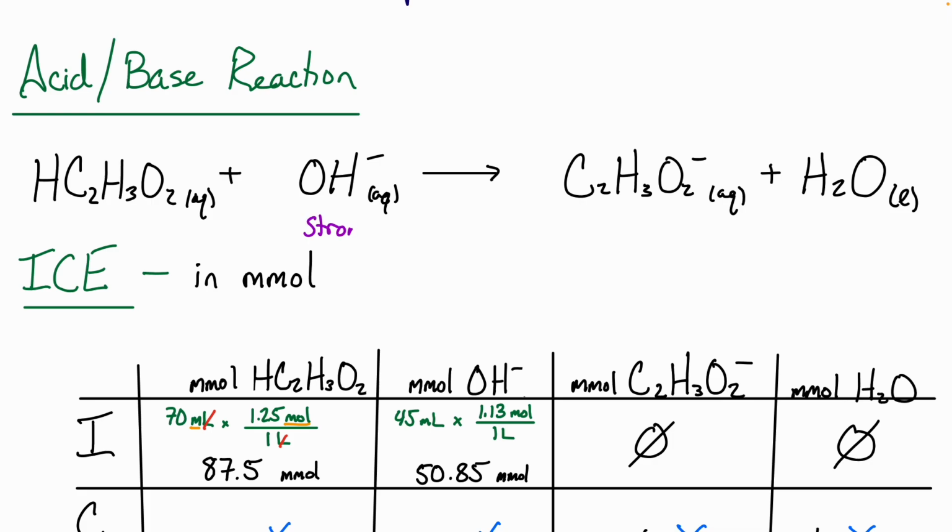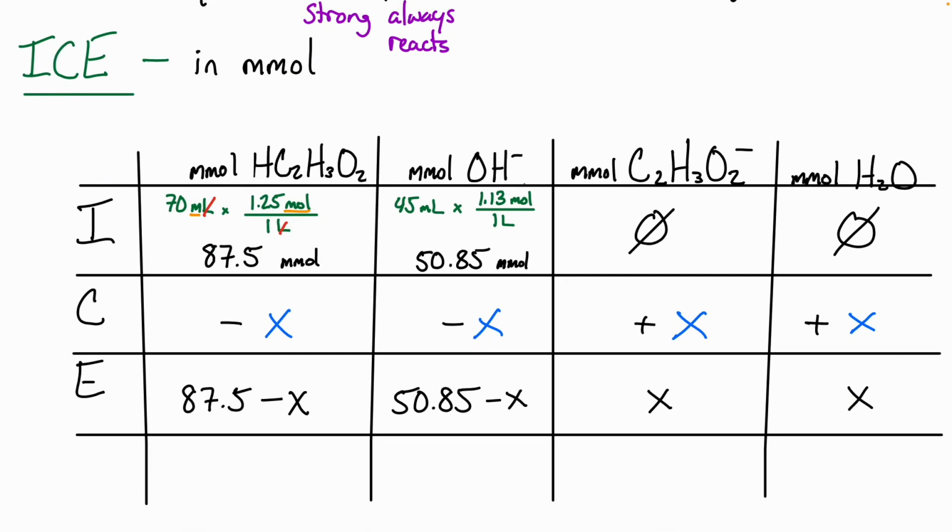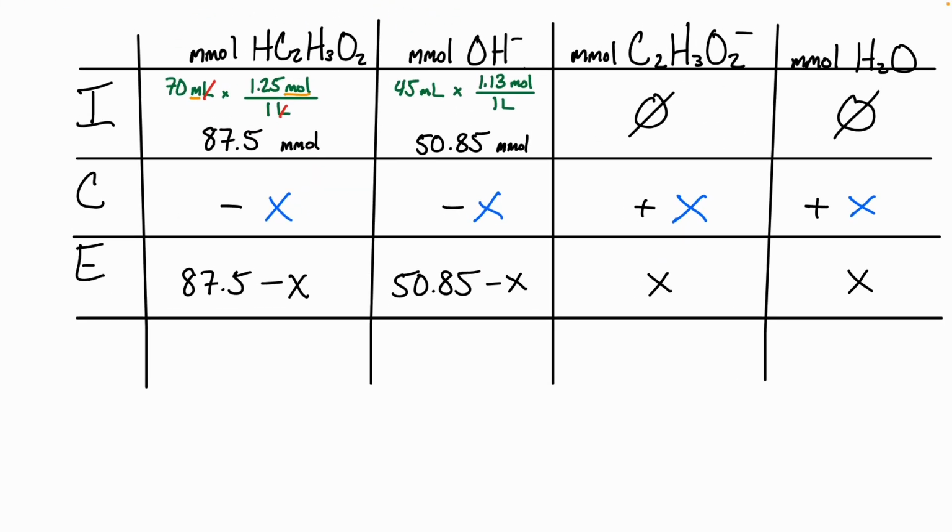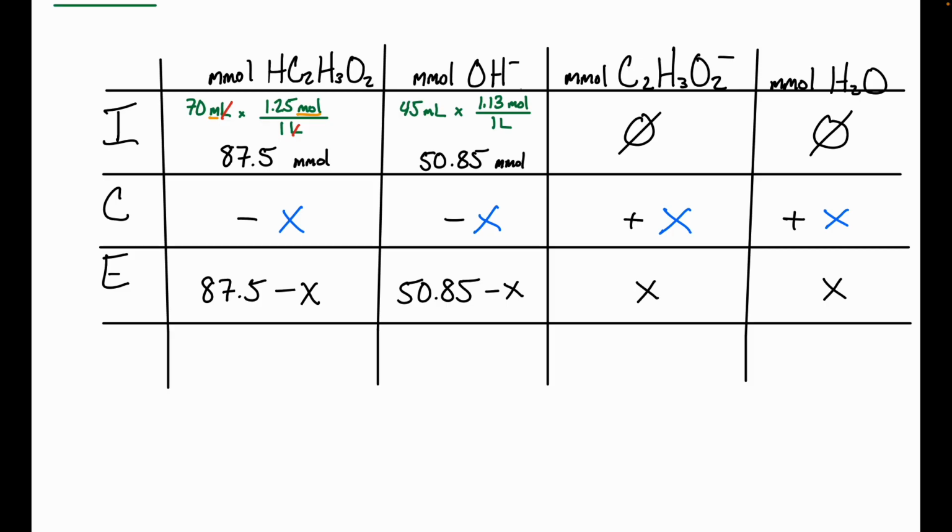Our strong always reacts. All right, so that means that if this reaction goes to completion, then whatever my limiting reactant is, which I can tell by comparing how much of reactant A and reactant B I have, right?